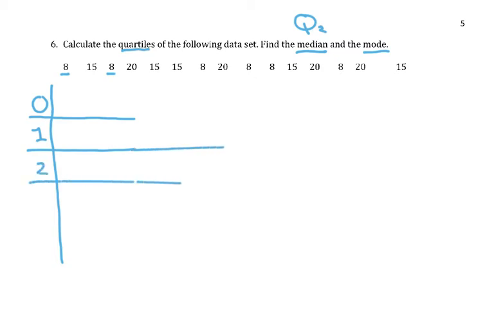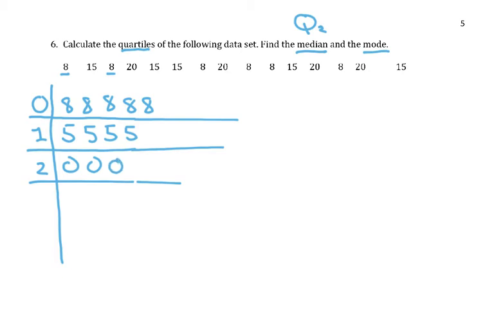And let's see what happens. So I have 8, 15, 8, 20, 15, 15, 8, 20, 8, 8, 15, 20, 8, 20. Gosh, I'm losing my space. 1, 2, 3, 4, 5. 1, 2, 3, 4.